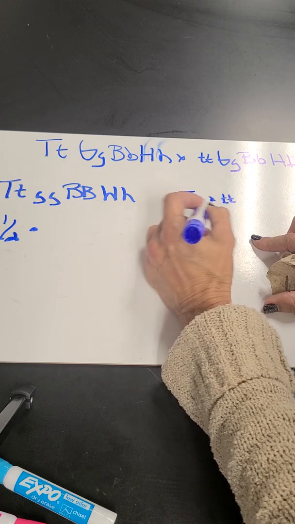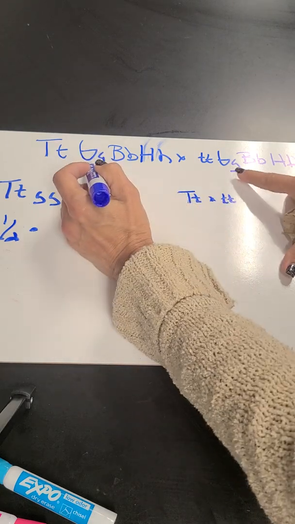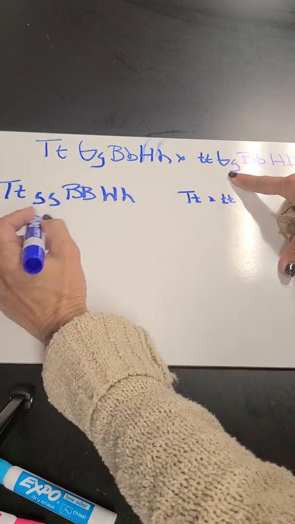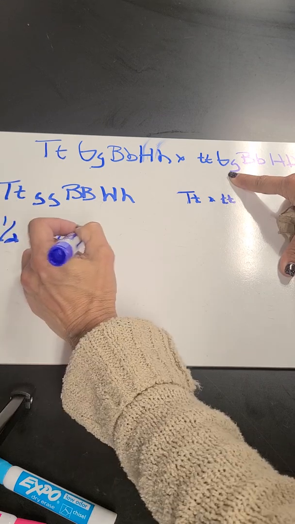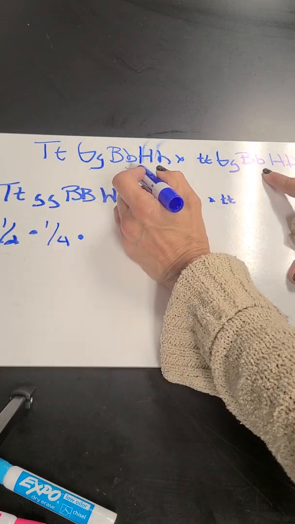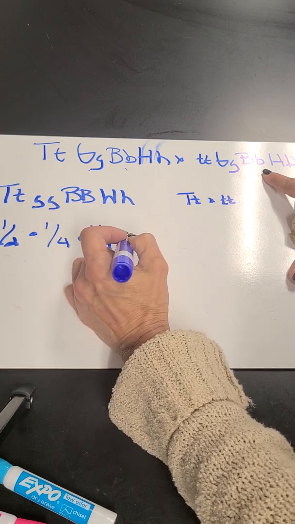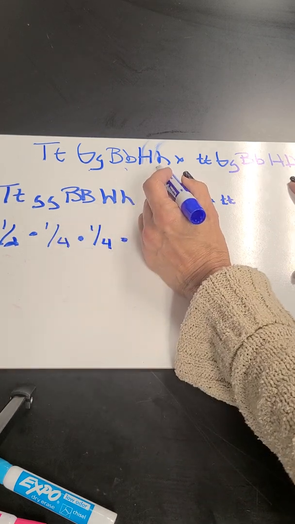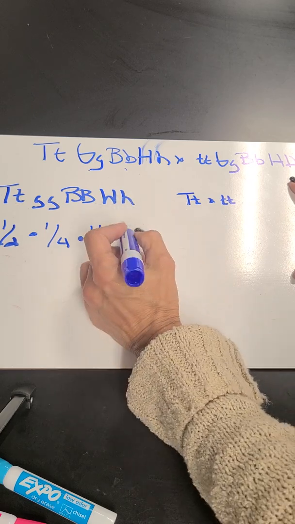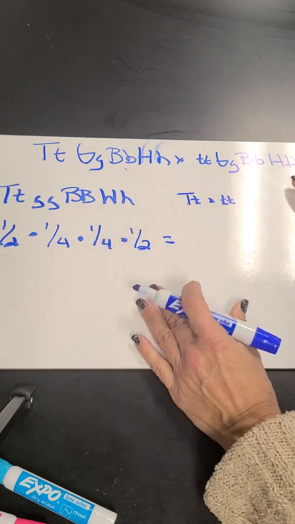I've done enough Punnett squares that I know that. With these two parents, the likelihood of getting little g is 1/4. Okay. With these two heterozygous parents, the likelihood of getting big B is 1/4. And with these two parents, the likelihood of getting big H, little h is 1/2.